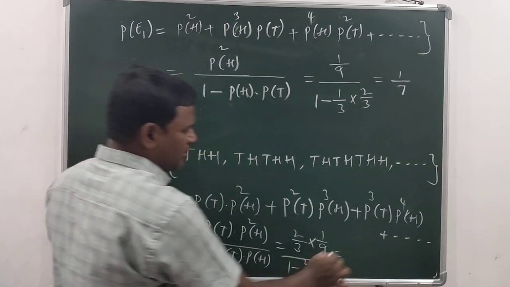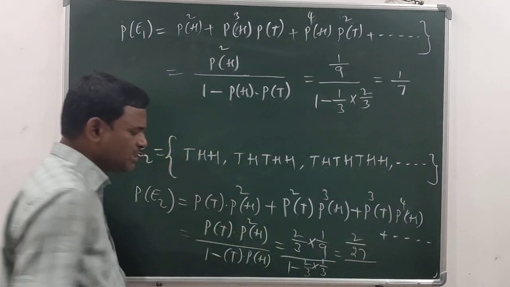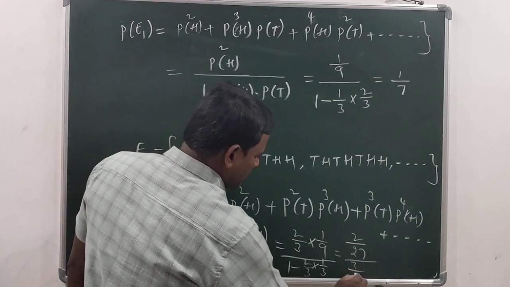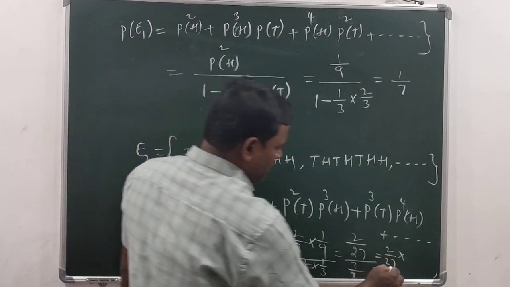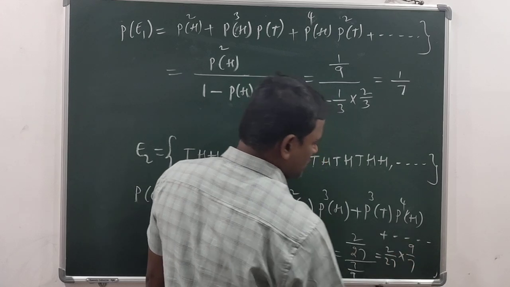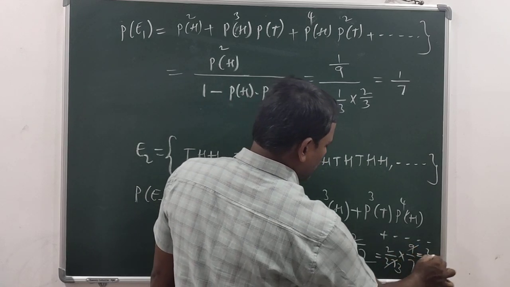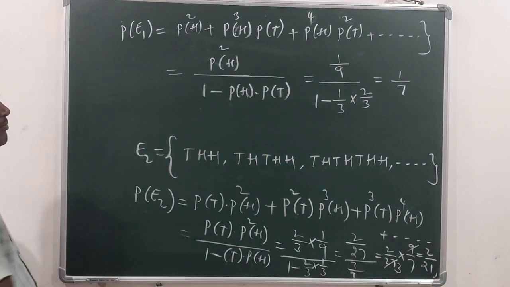Now in the numerator 2 by 27, whole by, in the down 7 by 9. Now 2 by 27 into 9 by 7. So 9 ones are 9, 9 threes are 27. Now 2 by 21 is the P of E2.